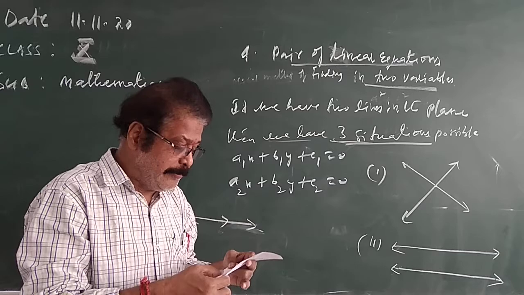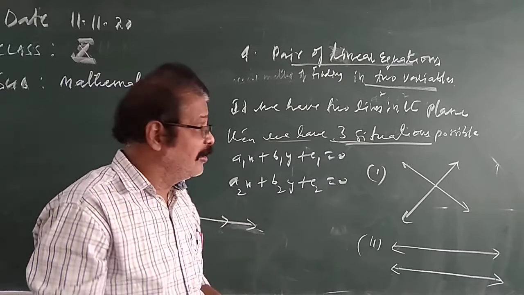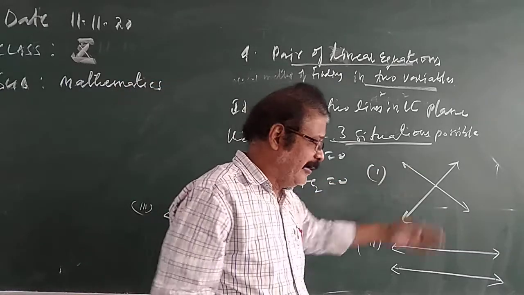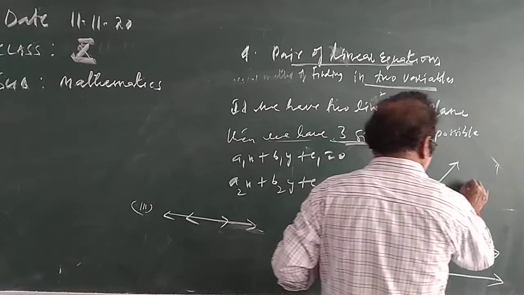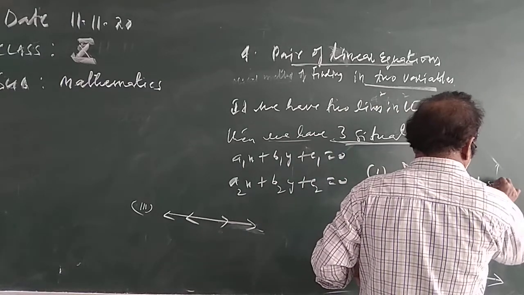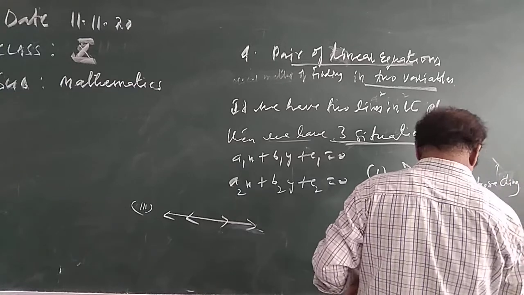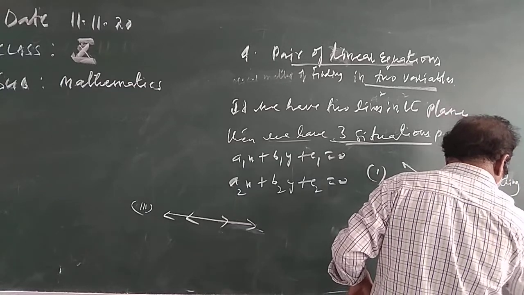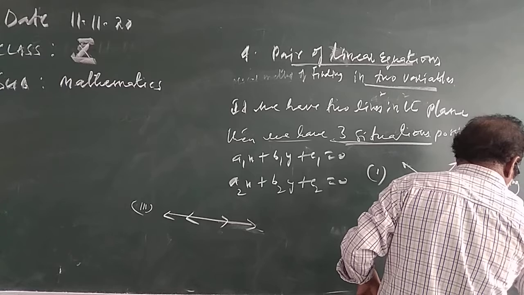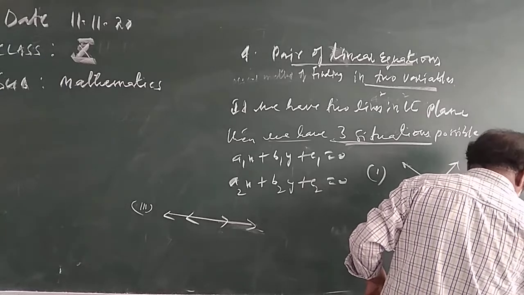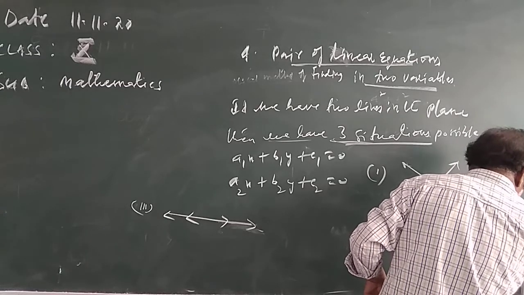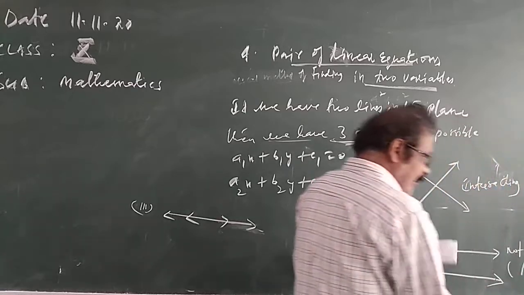One situation is that they may be intersecting. Another is not intersecting, meaning parallel lines. If they don't meet, they are parallel lines.